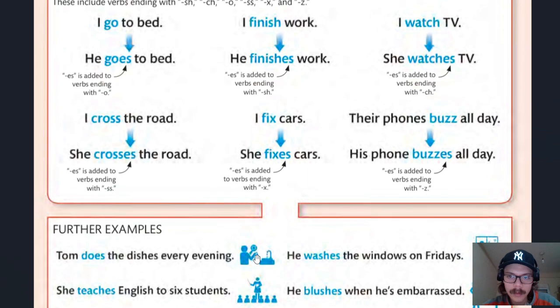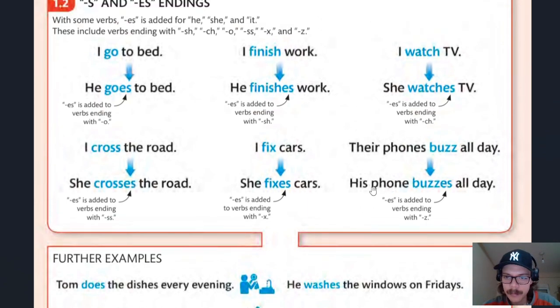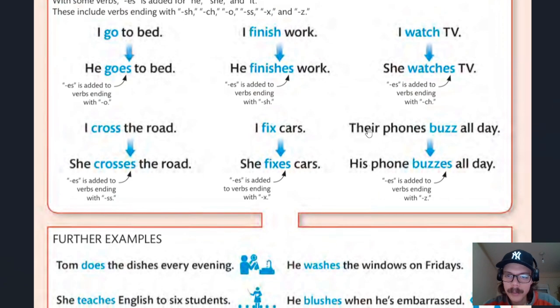Now, I guess I'll take this example here with their phones and his phone to kind of mention and highlight what we saw on the previous page. Here you have a pronoun, but it is slightly different than the pronouns we've seen so far, because you have their and you have his.